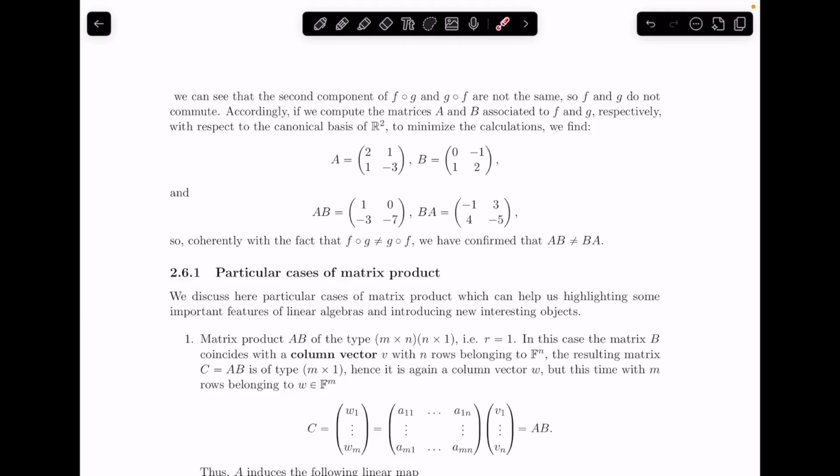So remember, whenever F composed with G is different than G composed with F, we have that A times B is different than B times A.